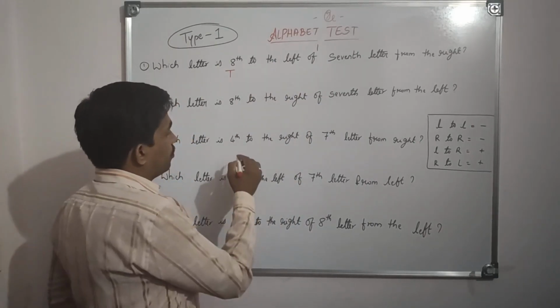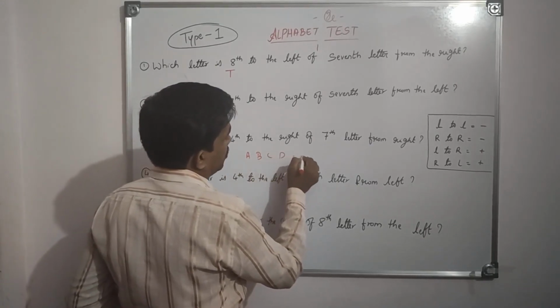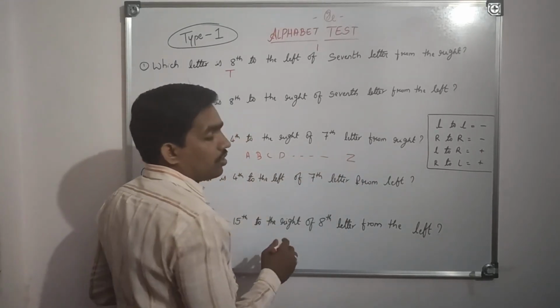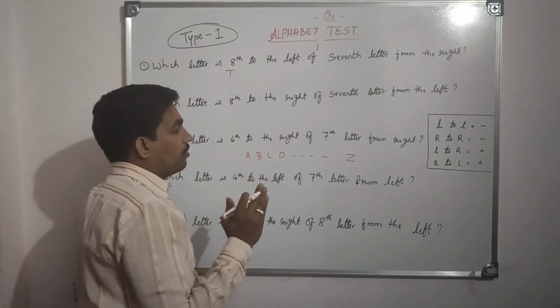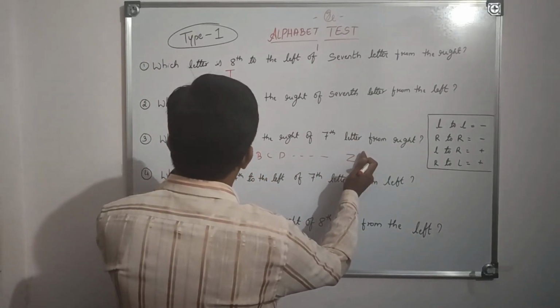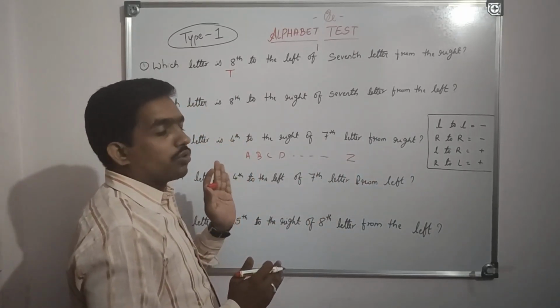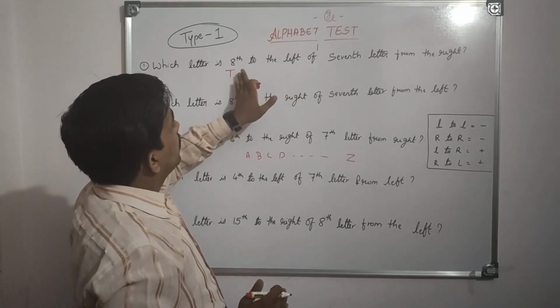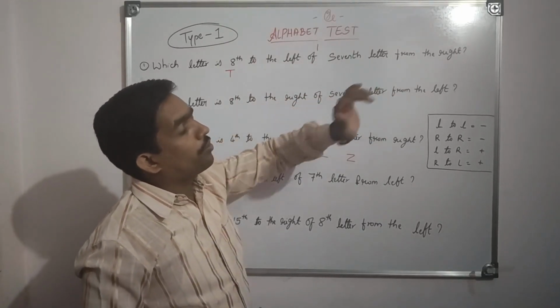Yesterday I told you A, B, C, D, up to Z. So this is our right side and this is our left side. Always keep in mind our right and our left will be the same for the questions. So 8th to the left of the 7th letter from the right.